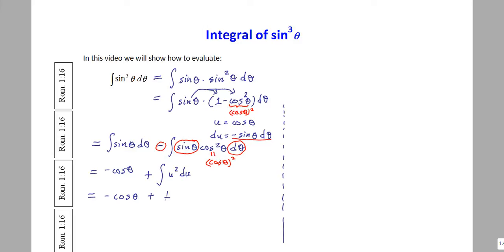So we get 1 over 3 u cubed, plus we pick up a constant of integration, and this is equal to minus cos theta plus a third. We'll now sub back in for u, and there it is. U is cos theta here, so it's cos cubed theta plus c.